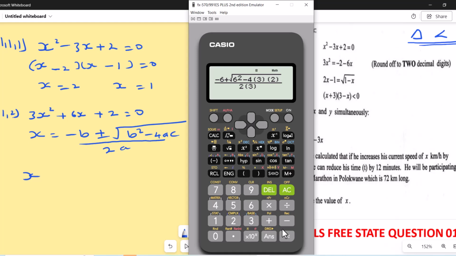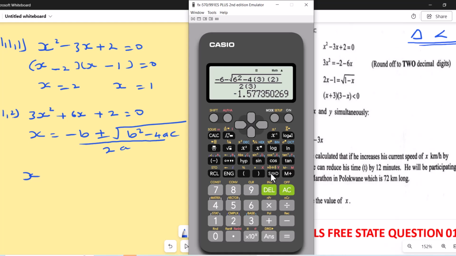And what do we get? Our first answer is x equals negative 0.42. And if I put a minus here, what do we get? We're going to get negative 1.577, so negative 1.58.